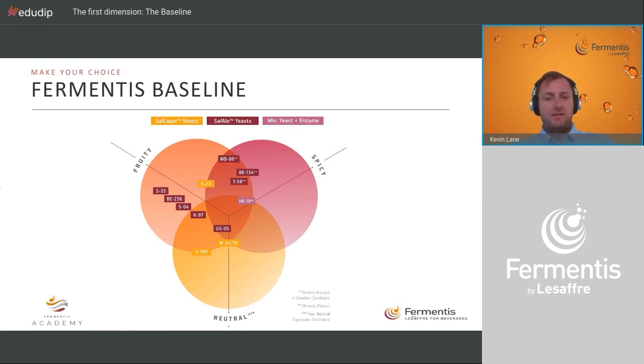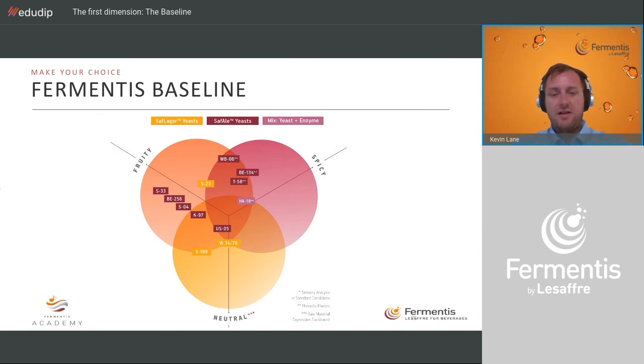So here again, sorry I didn't say this at the beginning, the yellow boxes are the SAF lager, the dark maroon boxes are SAF ale, and the pinkish purple color is the yeast and enzyme. And here, what we wanted to do again was to give you a visualization.